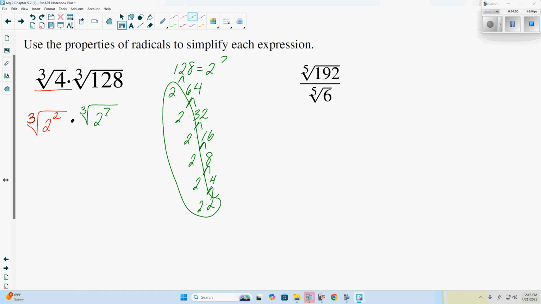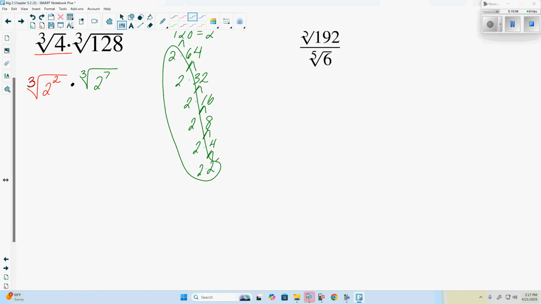Because again, for us to simplify that cubed root, we're looking for groups of 3. Well, we have 7 2's. So we could actually pull out more than one group of 3. How many could we actually pull out? 2, 3, 6 could simplify out. Or we could multiply and then simplify also.